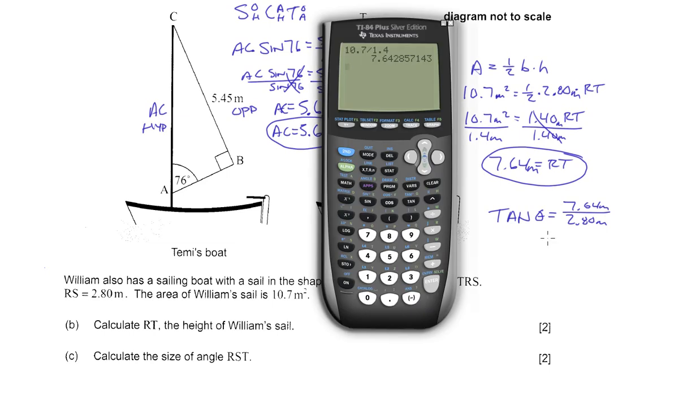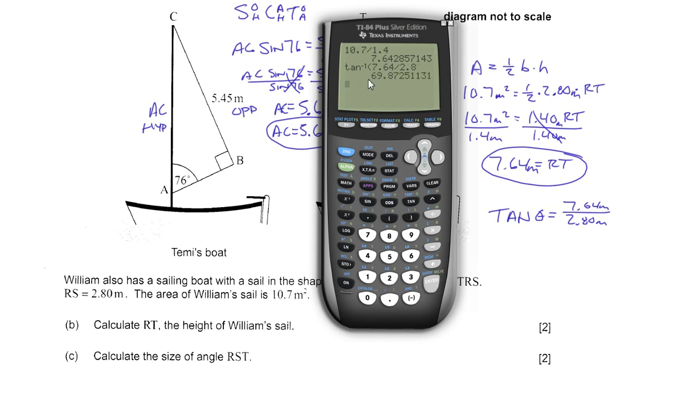Okay. Remember, whenever you're looking for an angle, it's always the inverse tangent, right? So we want to do second tangent, and that's tangent to the negative first. And then we're just going to want to put in 7.64 divided by 2.80, or just 2.8, right?